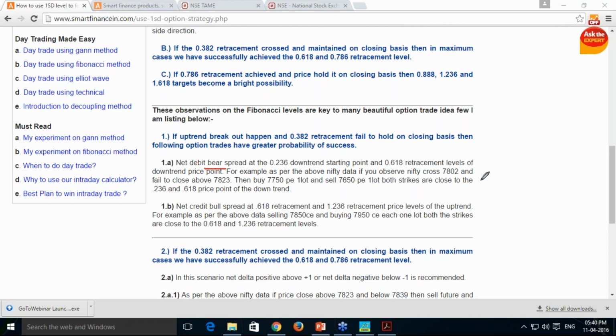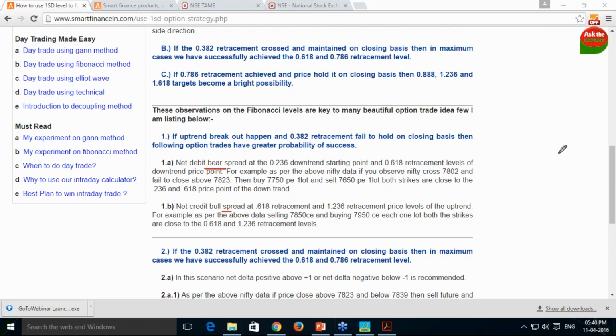Whenever you have a view that consolidation is going to come, you can rely on these strategies: net debit bear spread and net credit bull spread.